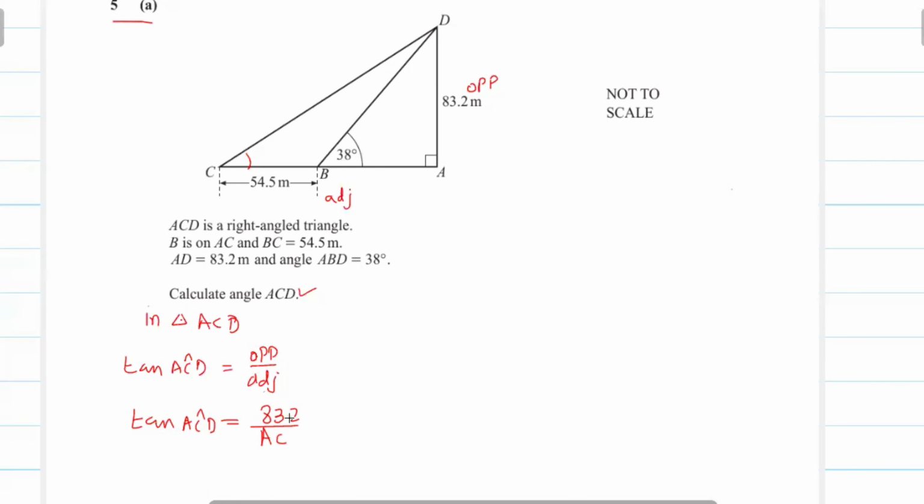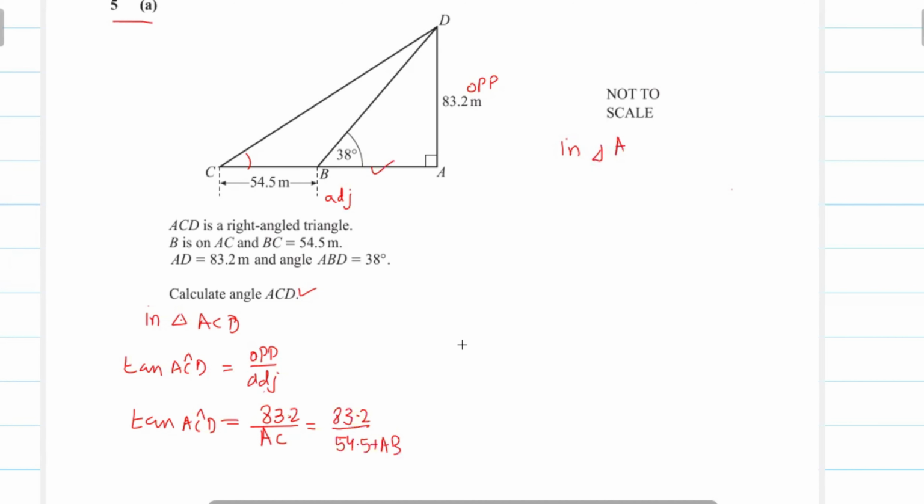83.2 over AC. We can write the length AC equal to 54.5 plus the length of AB. We can calculate this length AB from the triangle ABD. In this triangle ABD, we use the trigonometric ratio.